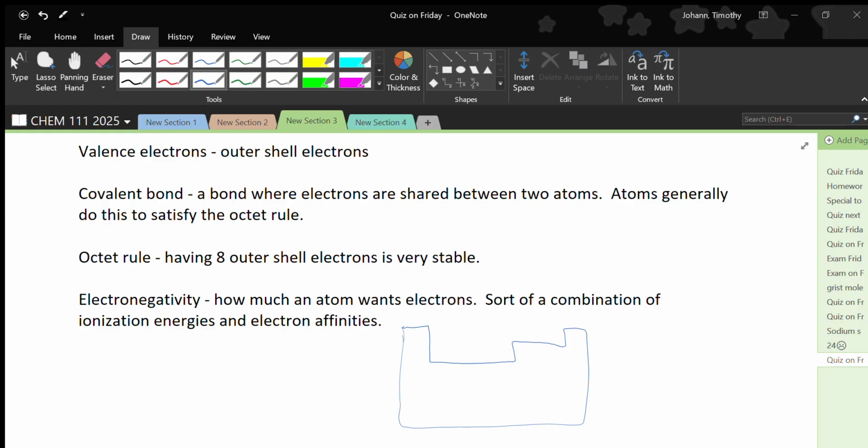If we go this way, does sodium want an electron? No, it wants to give up an electron, right? Same thing, cesium even more. So yes, but the opposite. If these atoms over here want electrons, they go over, right? And the smaller they get, the more they want electrons. So it's actually up and to the right.